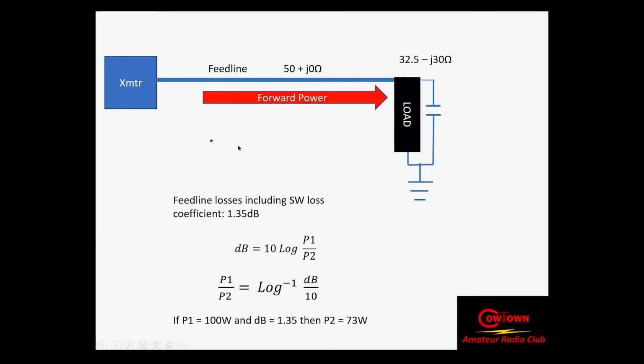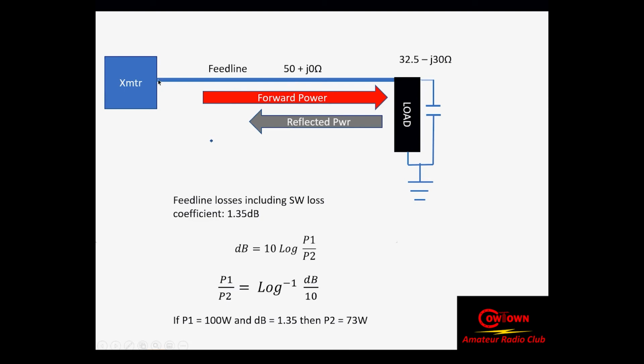So I've got forward power going from the radio to the load. It hits that load and realizes that that load is a different impedance than the feed line, so some of that gets reflected back the other direction. Where does it go? Well, some of it gets lost as heat in the coax. The rest of it ends up getting lost as heat in the transmitter.